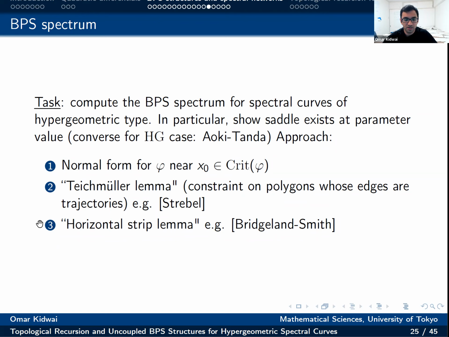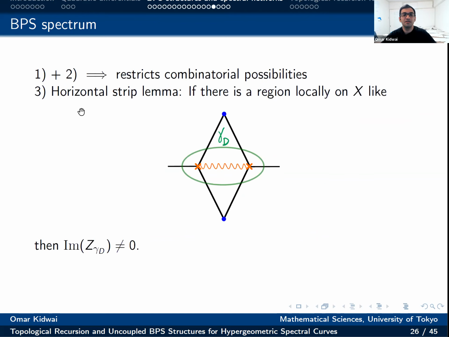And then I use something called the horizontal strip lemma to finish the job. First I use 1 and 2 to say there are only some number of possible Stokes graphs, and then I use number 3 to rule them out.